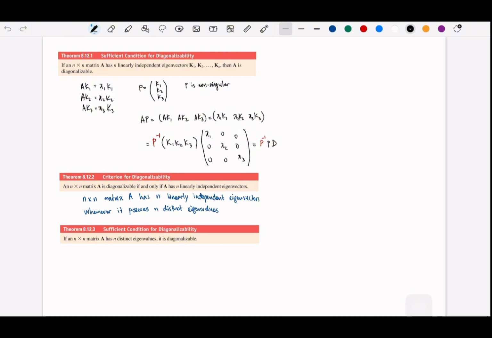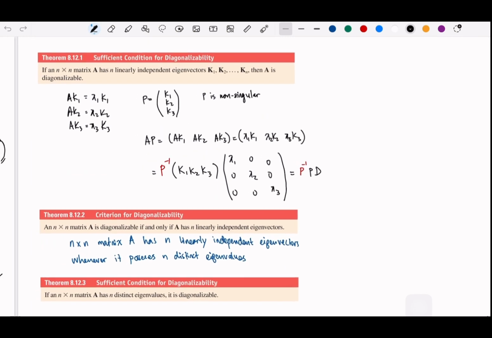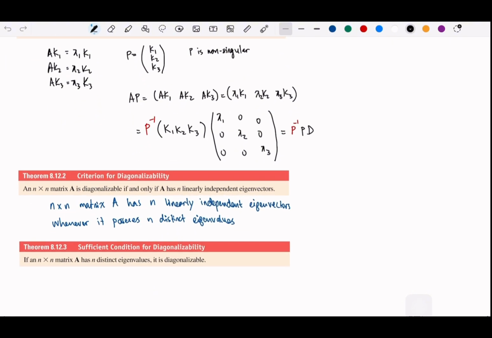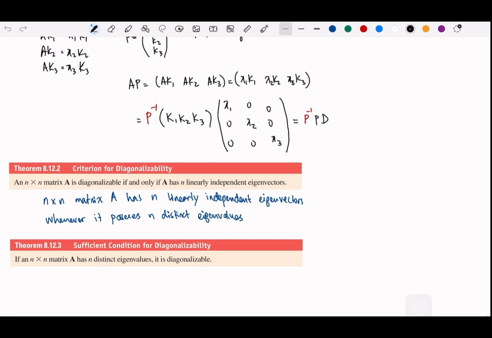So let me just get started from what we have from the previous discussion. When we diagonalize the matrix, we have some criteria, based on the size of the matrix, and how it will have linearly independent eigenvectors.